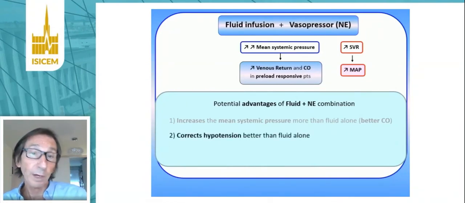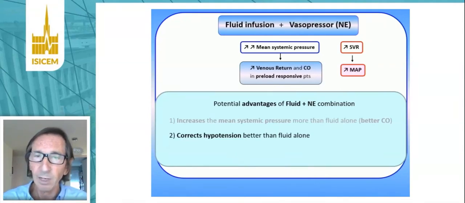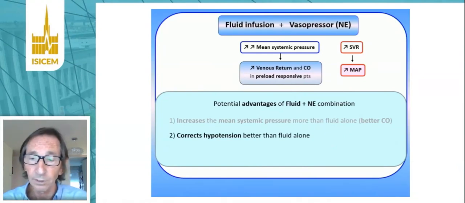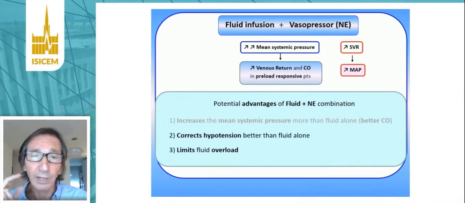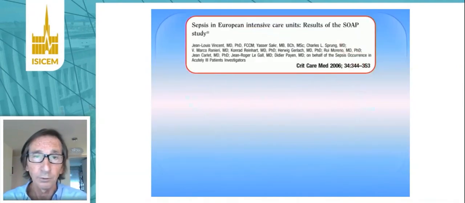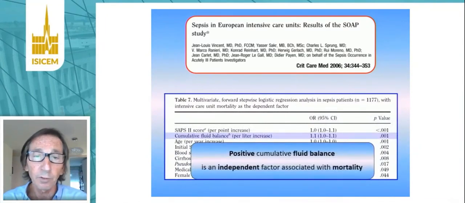The second advantage is to correct hypotension better than fluid alone, because again, fluid alone not always increases MAP and not always corrects hypotension. The third advantage is very important. It can limit fluid overload. You know that fluid overload is very harmful.